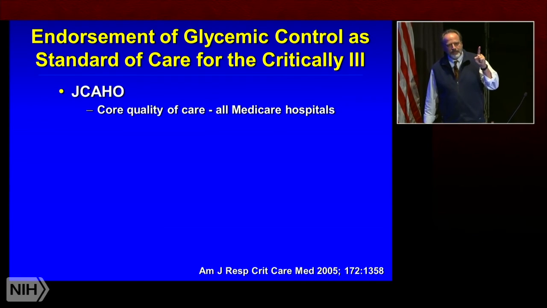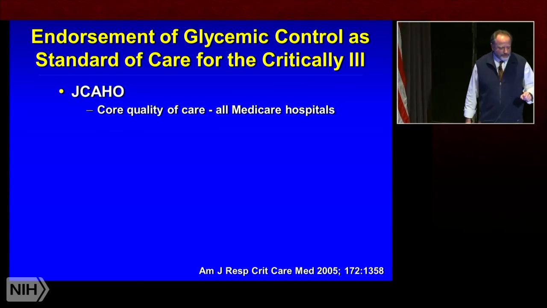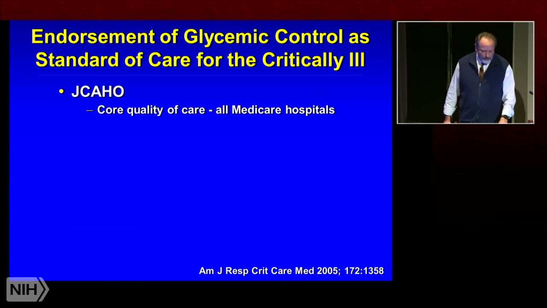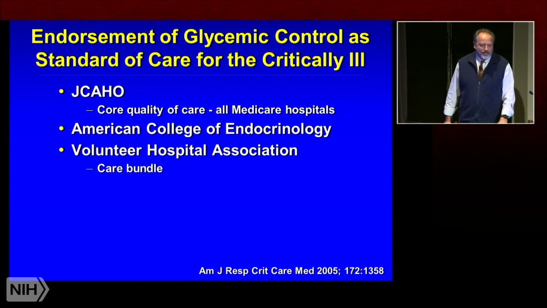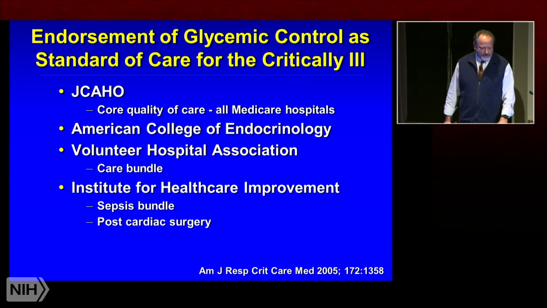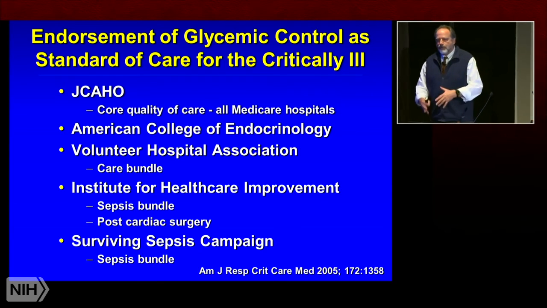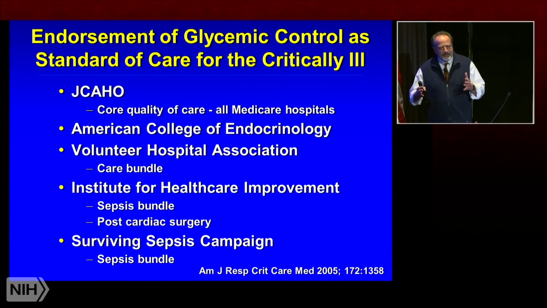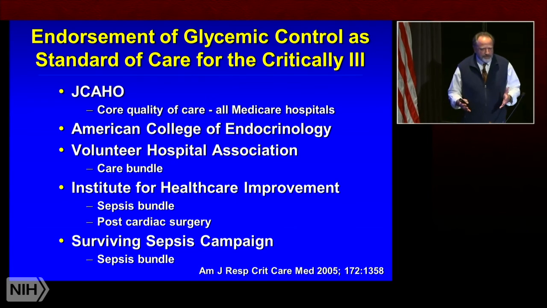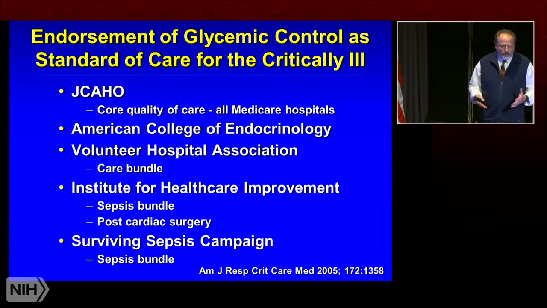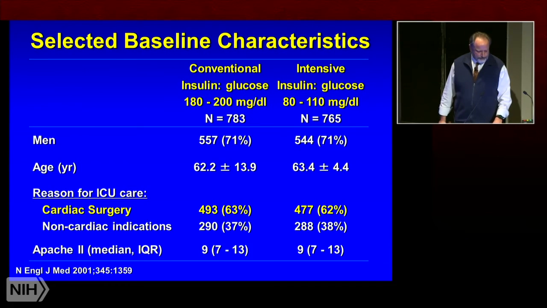A single, unblinded trial caused the Joint Commission on Hospitals to adopt tight glucose control, the American College of Endocrinology, the Volunteer Hospital Associations, the Institute for Healthcare Improvement, the Surviving Sepsis Campaign, everyone based on this single center unblinded trial adopted this therapy. So let's look using our different methods at this study a little more carefully.